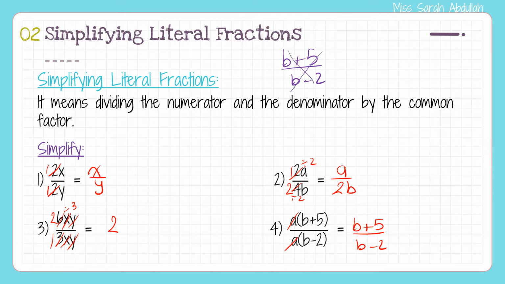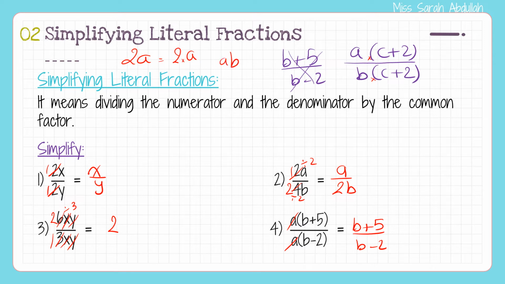But what I can simplify is, if I have a into c plus 2 over b into c plus 2. So if the expression is all included in the parentheses, in the numerator and in the denominator, same expression, okay? And of course, there is an invisible multiplication between letters and numbers if you don't see it. For example, 2a is actually 2 times a.